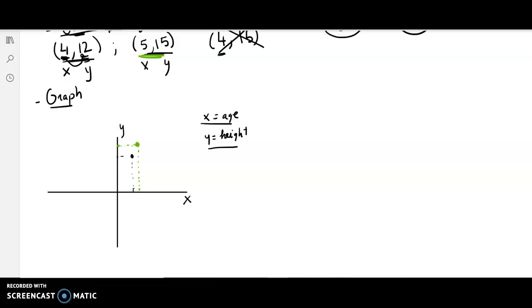So in that case, the representation can have a line between these 2 points because we can take also decimal numbers. So we make a straight line between these 2 points. If we cannot take decimal numbers, we don't join both points with a line.